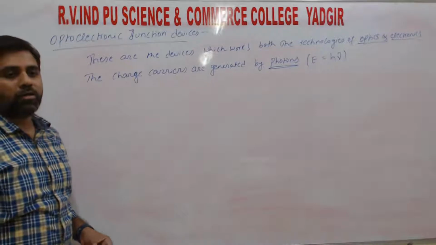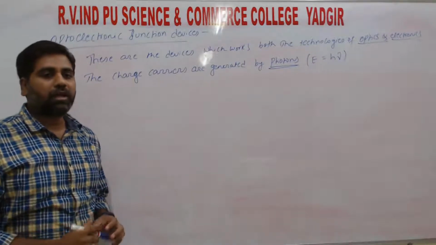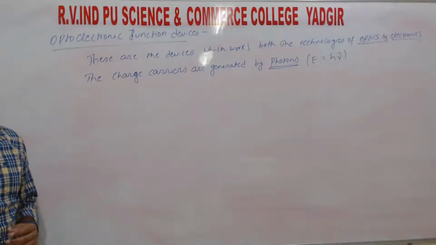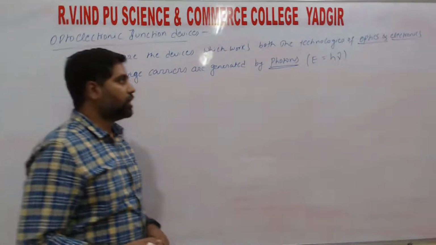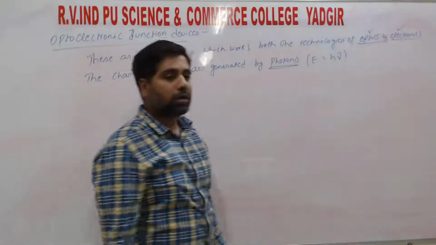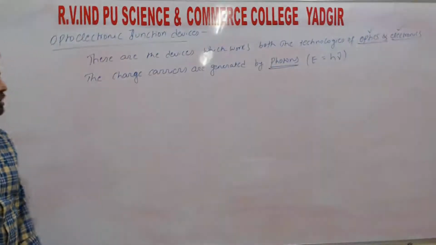So what are optoelectronic junction devices? These are the devices which work under both the technologies of optics and electronics. Here the important thing is optics and electronics.